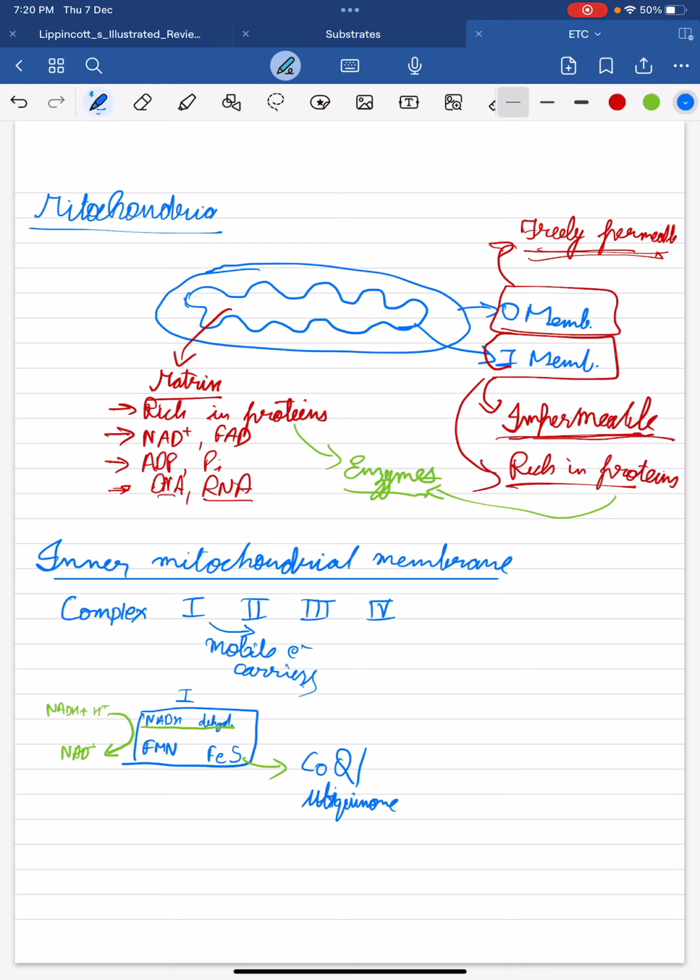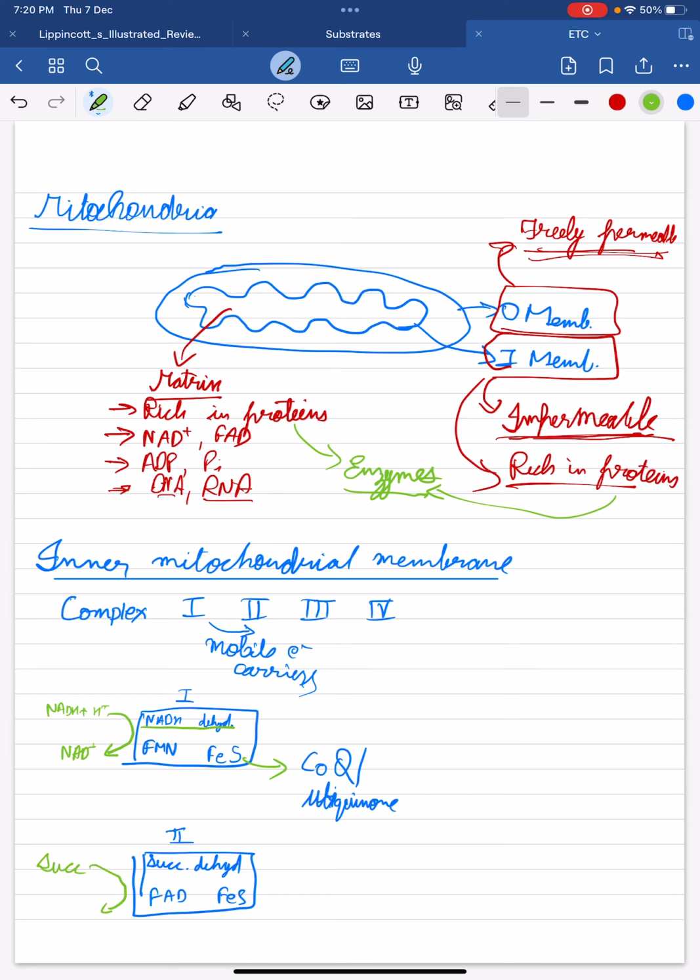While in the same step, we have this complex 2, which is known as succinate dehydrogenase. Now it has further FAD and the same iron sulfur center. What happens here is the succinate dehydrogenase, as the name says, will oxidize succinate.